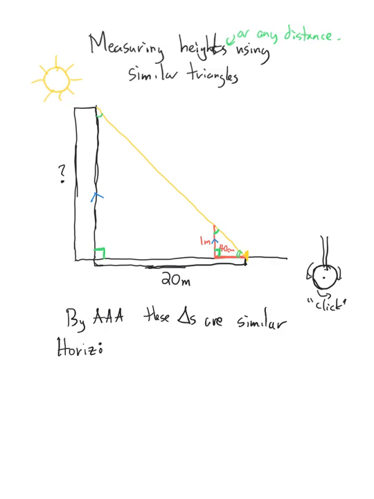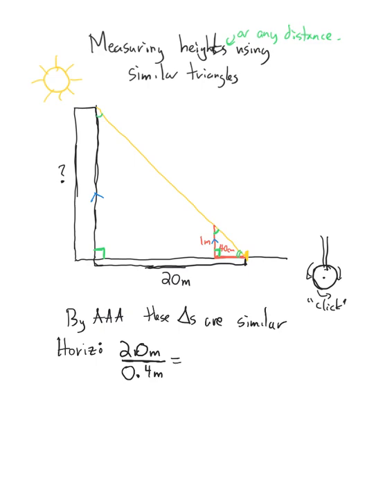So let's do big over small. The horizontal length in the big triangle is 20 meters. The horizontal length in the small triangle is 40 centimeters, or 0.4 meters. So let's simplify this just to make our life a little bit easier.